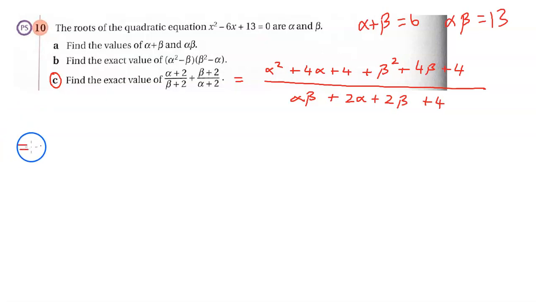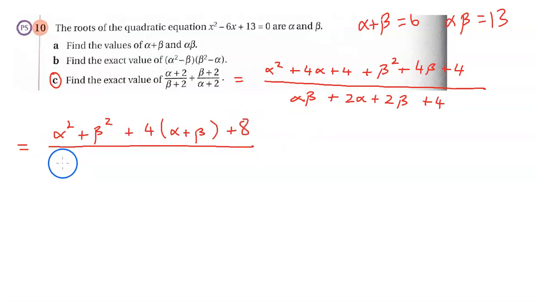Okay, rewriting this, it's going to be alpha squared plus beta squared, and then plus 4 times alpha plus beta, and then plus 8. And then this whole thing divided by alpha beta plus 2 times alpha plus beta plus 4.